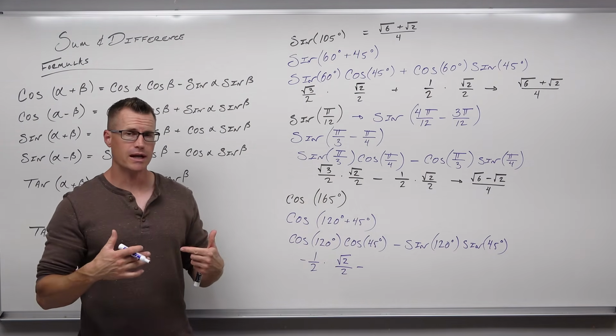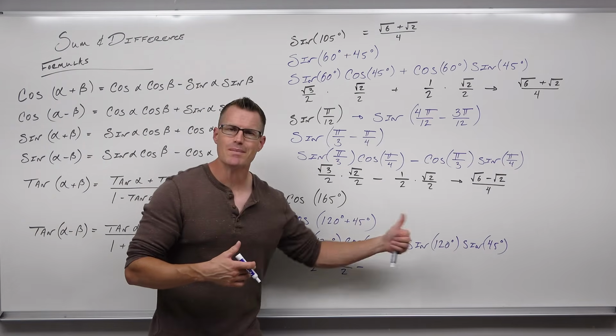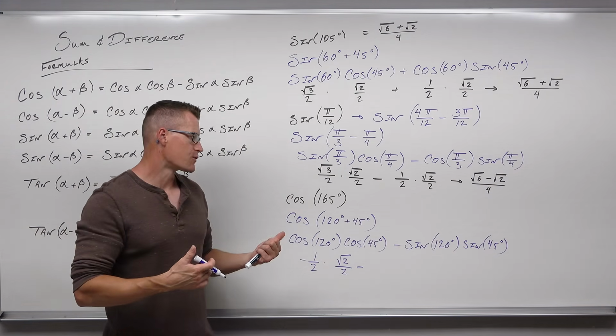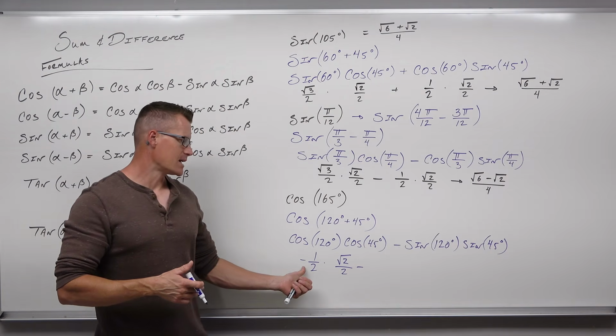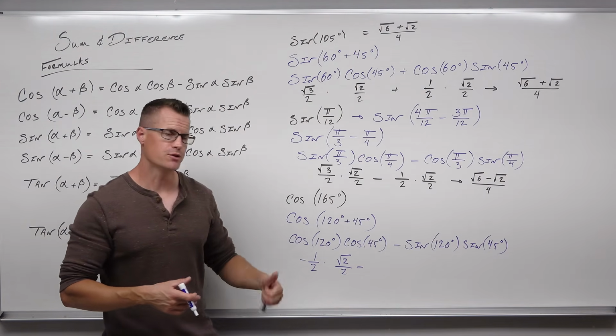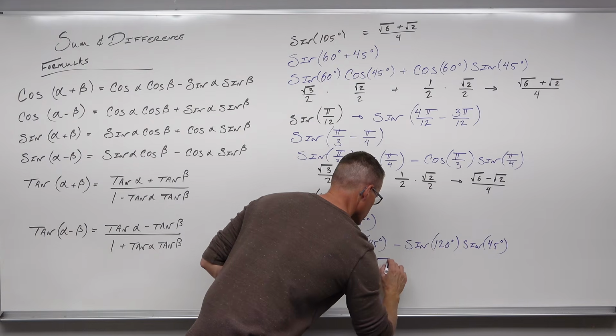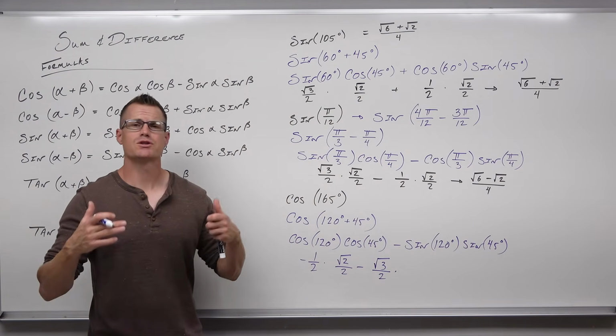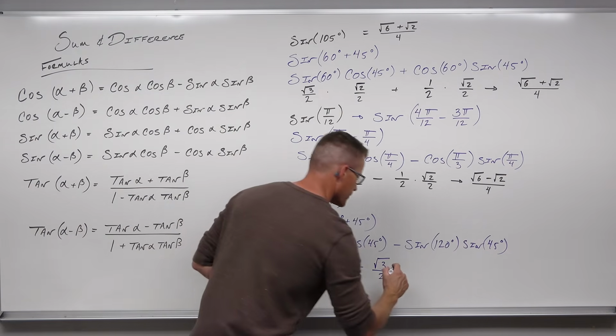Minus, if you take a look at sine of 120, remember you're looking at the same angle twice. You're just taking the x-coordinate or the y-coordinate. So for sine of 120, we're going to take not negative 1/2, but square root 3 over 2, times sine of 45, which is square root 2 over 2.